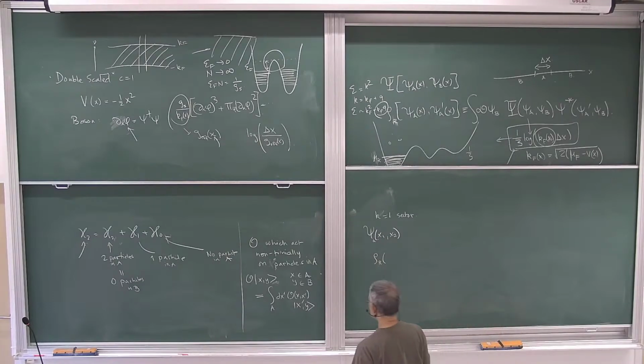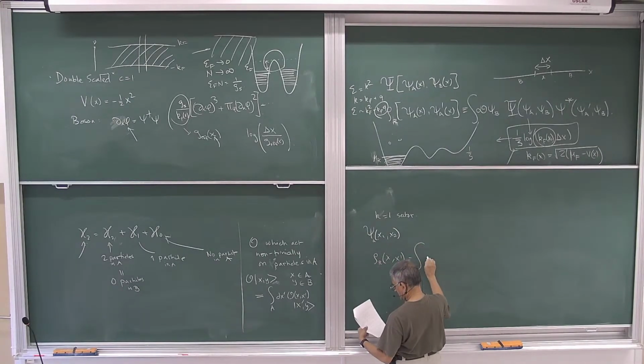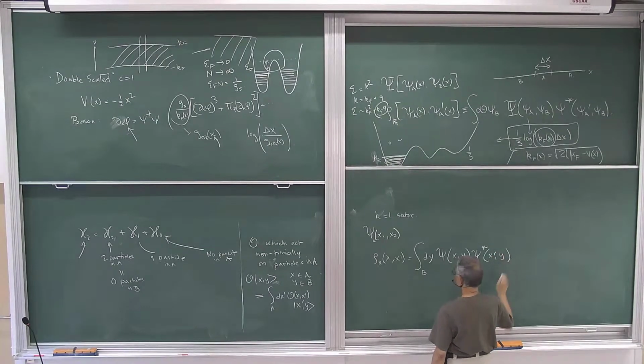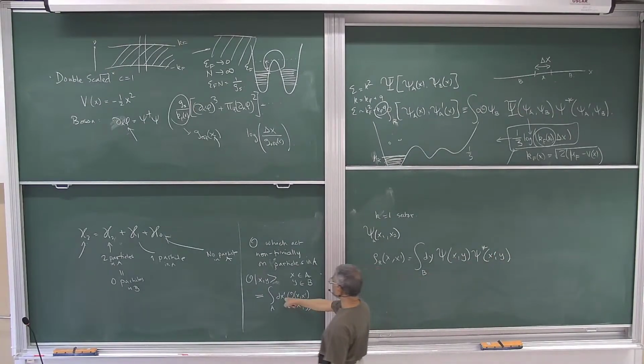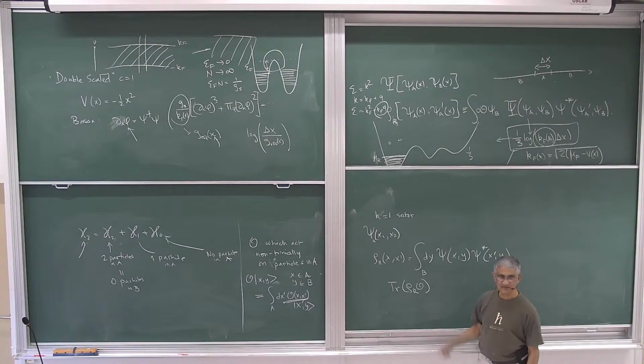Okay, so this will be a function of x and x prime, and it's very easy to check that I called it dy, which is an integral over B. It's easy to check that the expectation values of operators like this can be obtained by taking rho times this. Again, this operator is an operator in the single particle Hilbert space, and it can be reproduced like this.